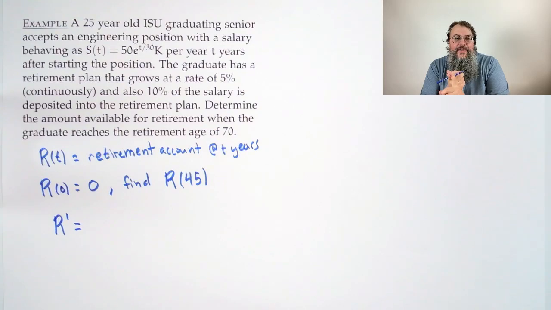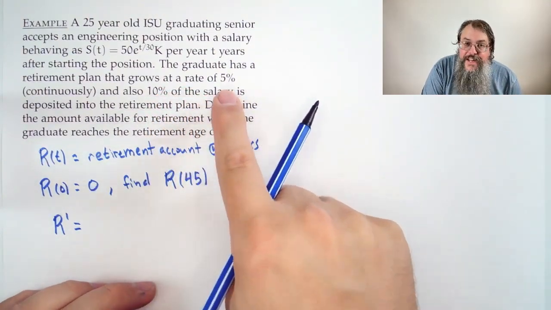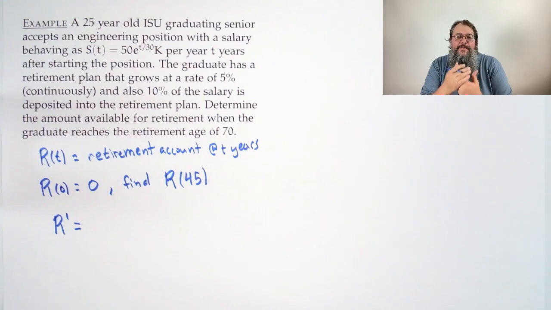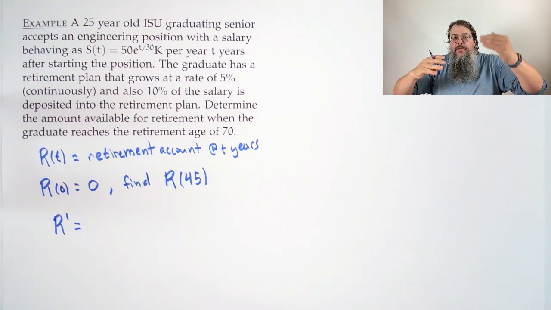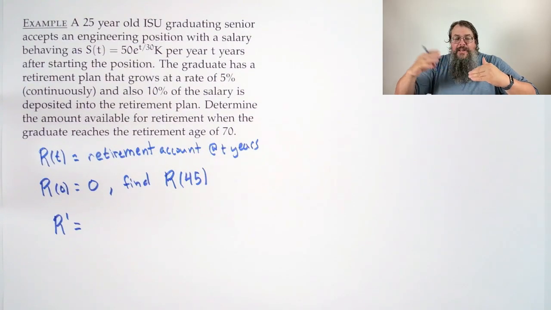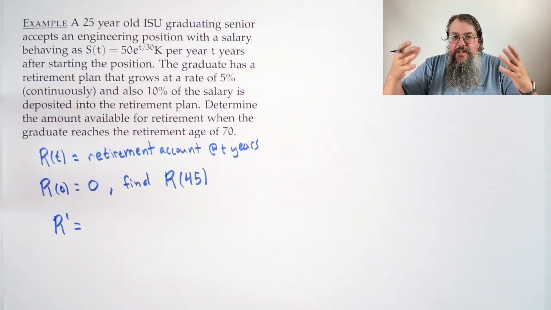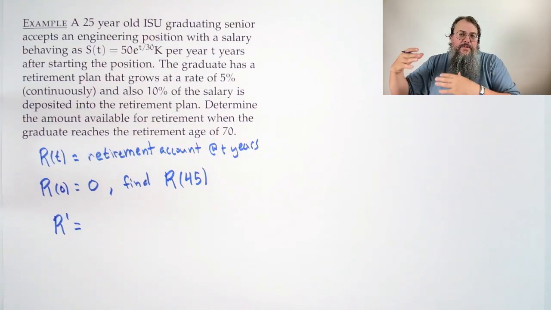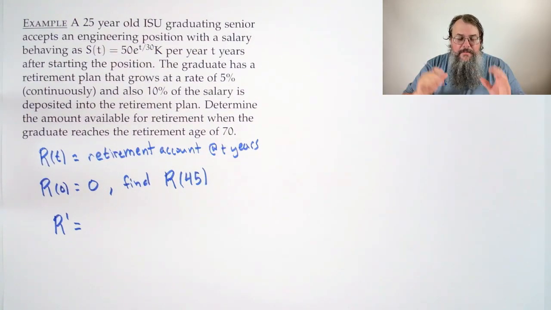One thing is that there's 5% compounding interest. We know it because it tells us that it grows at a rate of 5%. Now, 5% means what? Well, that says if you take your retirement account and you take 5%, which is 1/20th, that's how much will be added in the next cycle. Usually think about a year, but because it's compounded continuously, it's slightly different. But roughly that's what should be happening.